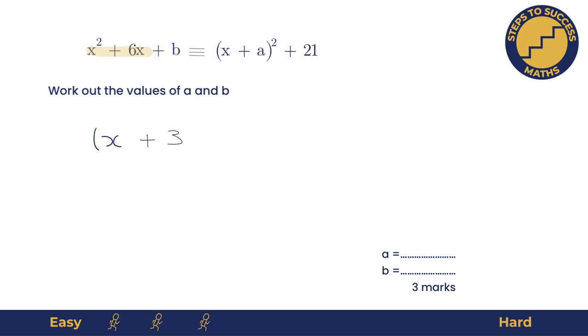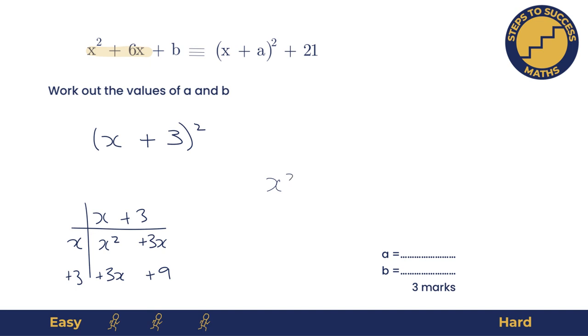(x plus 3) squared. And then if you multiply that out, you're going to have (x plus 3) times (x plus 3). So x squared, 3x, 3x and plus 9. So x squared plus 6x plus 9.